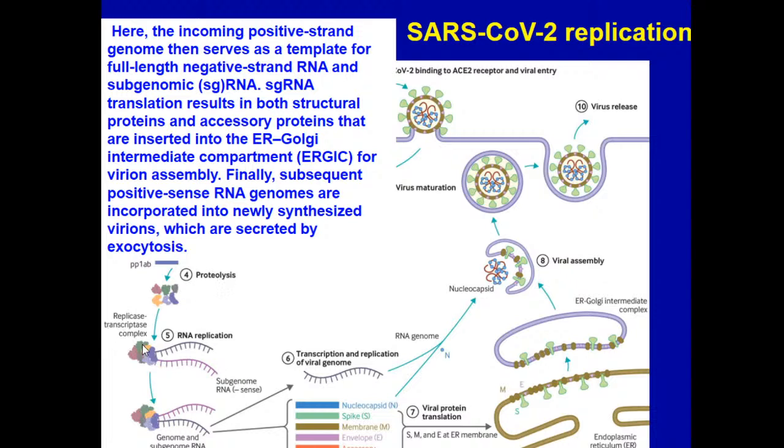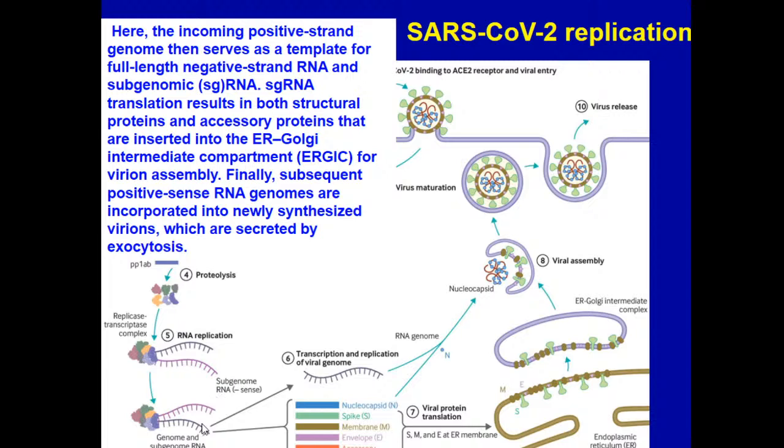The same positive strand genome serves as a template for full length negative sense RNA, and this is of different color, right? The pink. So for the transcription of full-length negative strand RNA. And this is subgenomic RNA. So it is called subgenomic RNA.